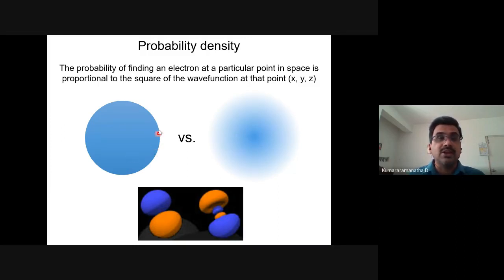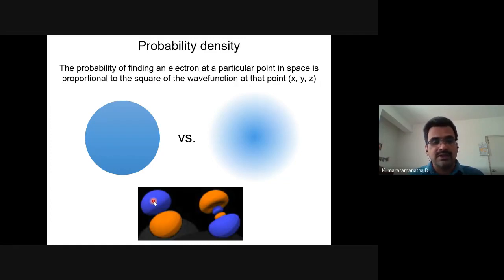So instead of a very concentric picture, we have a more diffuse model. Earlier we said the nucleus has one electron revolving around it, but now it's a diffuse electron at this particular place. It can be placed here or it can be moved to x plus delta x. All those points we will be able to tell from the Schrodinger equation, Heisenberg, and so on.